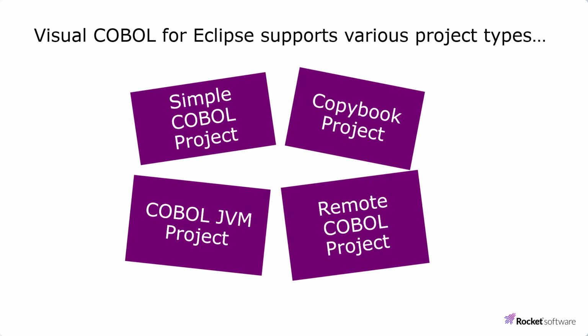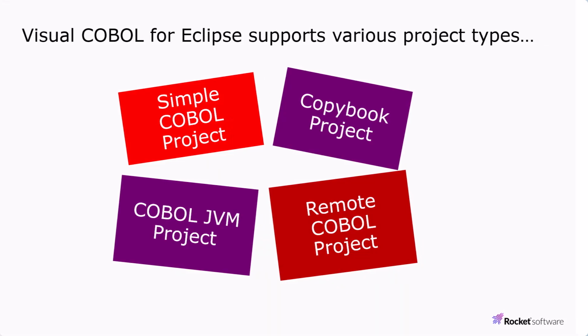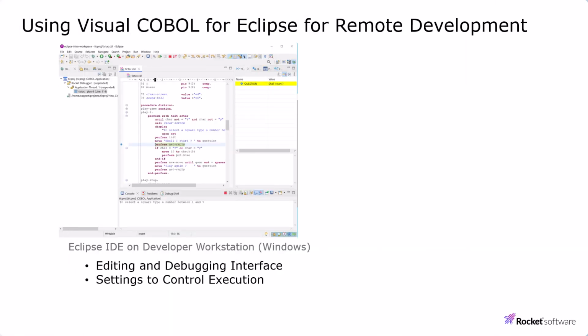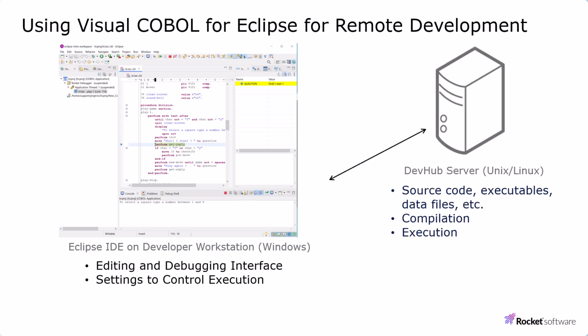In this video, I'll demonstrate working with a simple COBOL project, with files saved and executed locally on the Windows desktop. Visual COBOL also supports remote projects, which allow you to use the Eclipse interface on a Windows or Linux desktop, but the project and files are saved, compiled, and executed remotely on a supported Linux or Unix server.